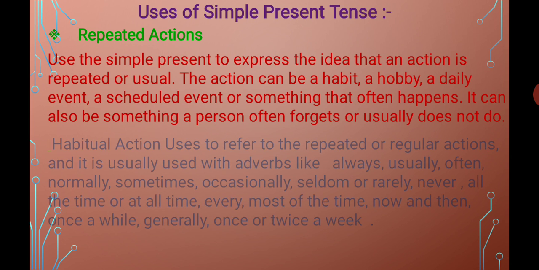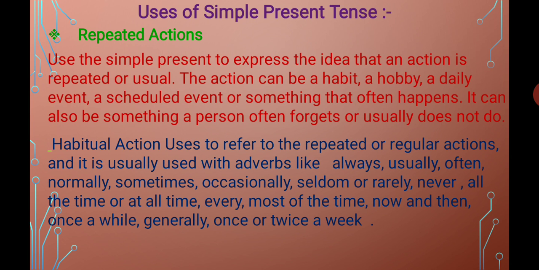Or we can say in another way, habitual action is used to refer to repeated or regular actions, usually used with adverbs. These habitual actions, if it is your hobby, routine, some event, or schedule, when you are doing it not every day but sometimes, will be used with adverbs.